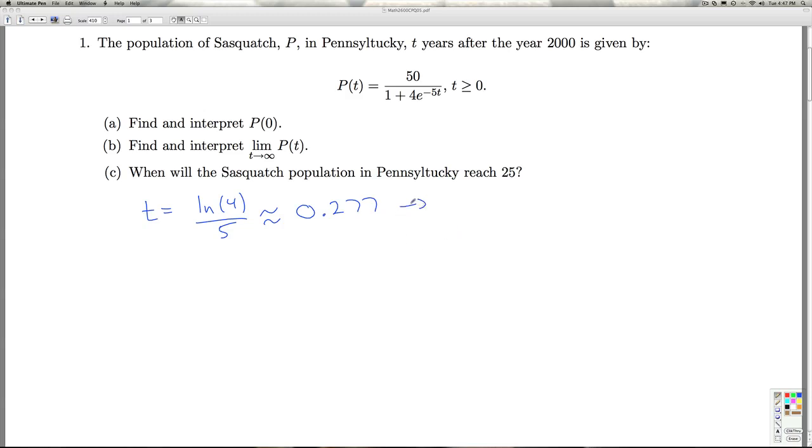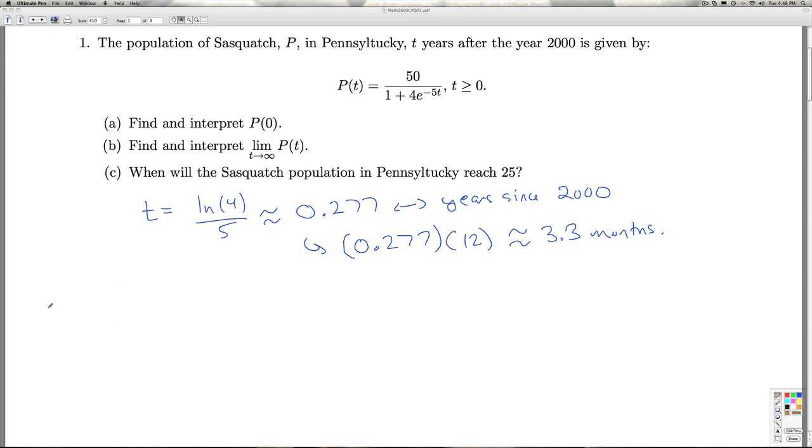Now since this represents the number of years since 2000, we can multiply that by 12, and that gives us 3.3 months. Okay, so when will the Sasquatch population in Pennsylvania reach 25?